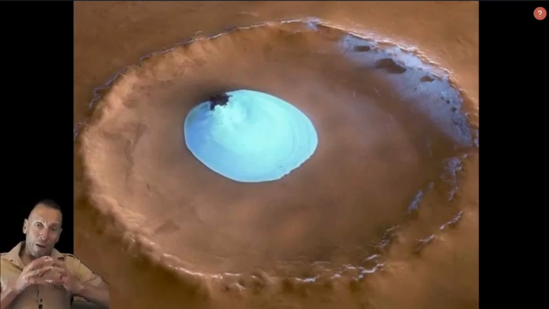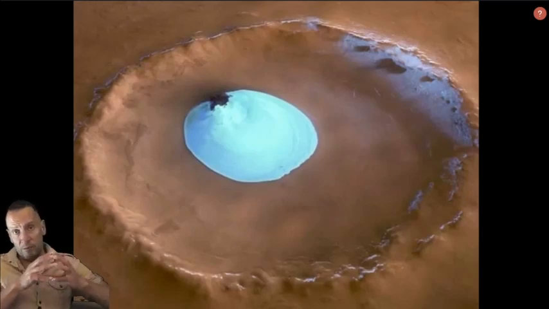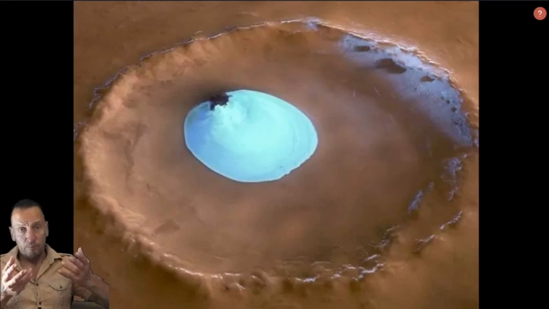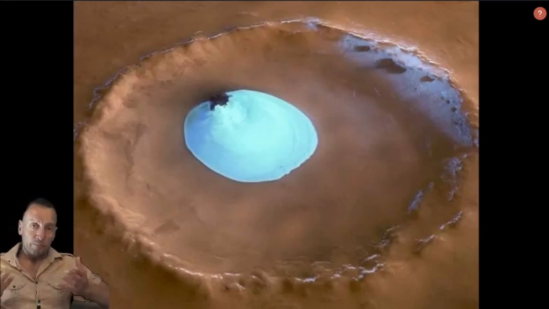Now, if we got too much pressure, we won't exist. Biology won't exist if there is too much pressure. And also, if we got too little pressure, the water will fly away. Also, obviously the pressure is caused by gravity, so we need to have the correct size of the planet.